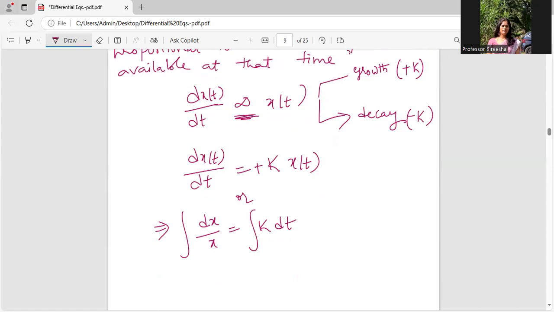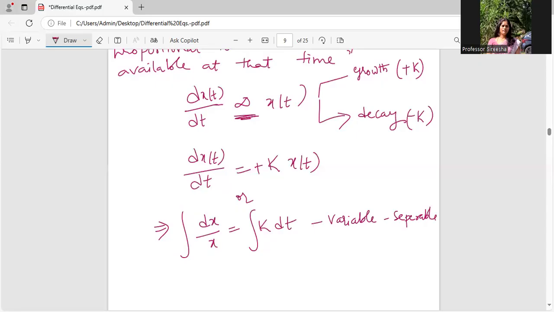If I'm able to separate the variables, x terms with dx and t terms with dt, then I'll be calling it variable separable, which is a basic first order differential equation model, where you will be integrating and getting the solution.